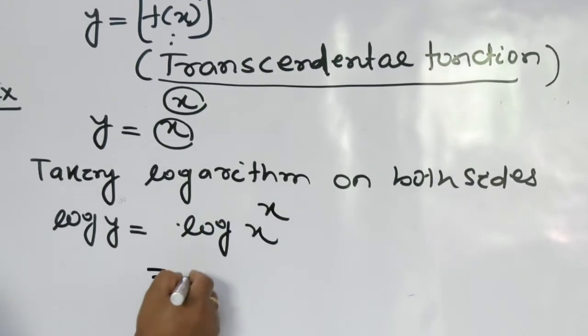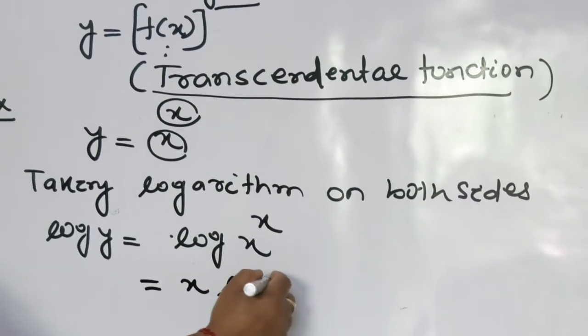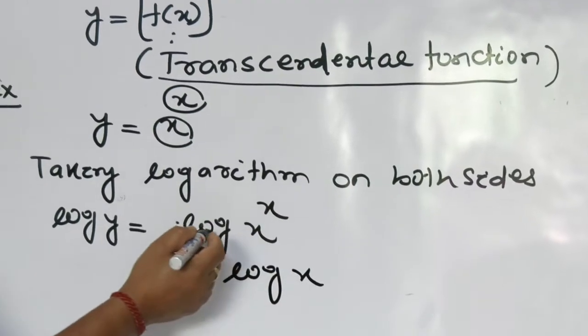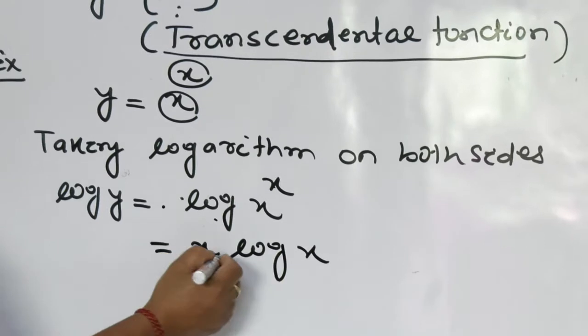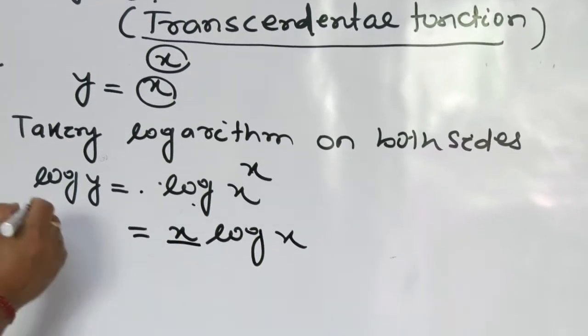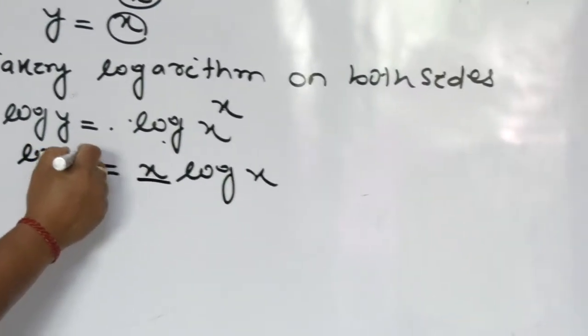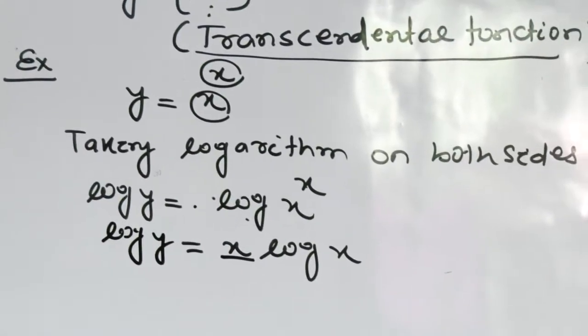Then it becomes x log x, because when there is a logarithm, the exponent comes down to the front. So log y equals x log x.